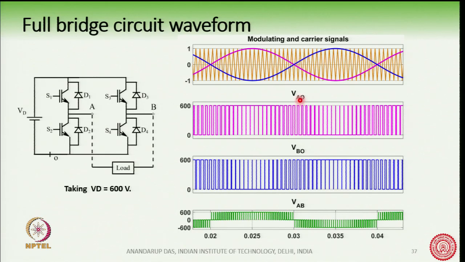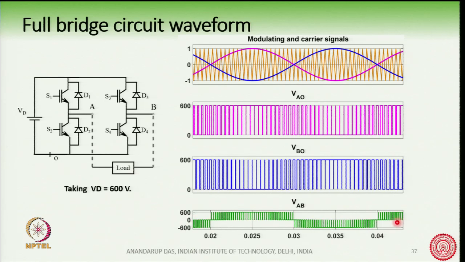So, the output voltage VAO is again between 0 and 600, and it is a PWM waveform. The output voltage from leg B is again a PWM waveform like this, and the differential voltage falls across the load. If we see here, the differential voltage, this is the green one, is varying between -600 and +600, and the waveform looks like this.